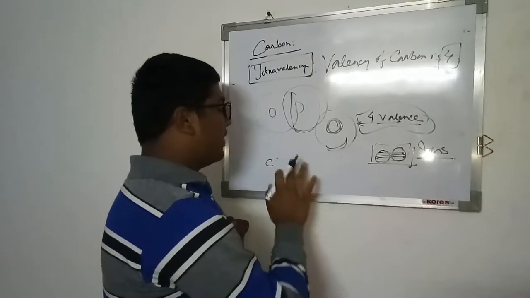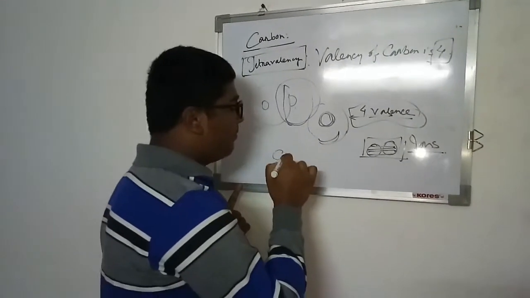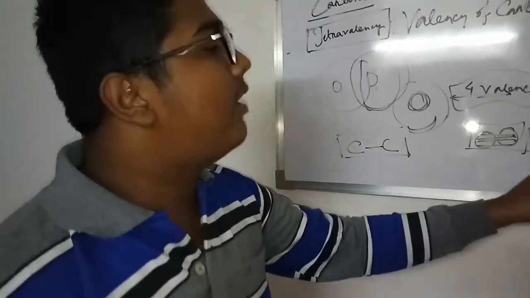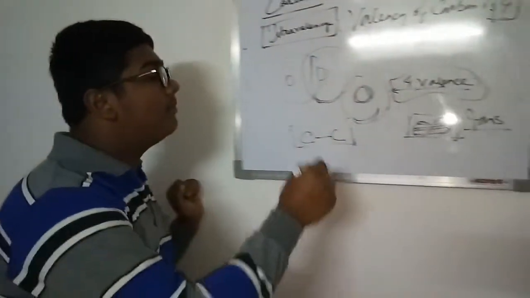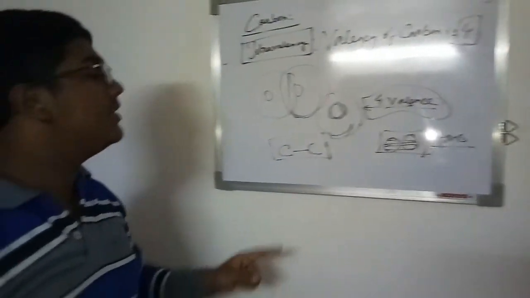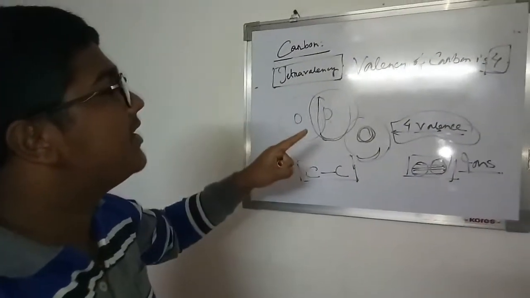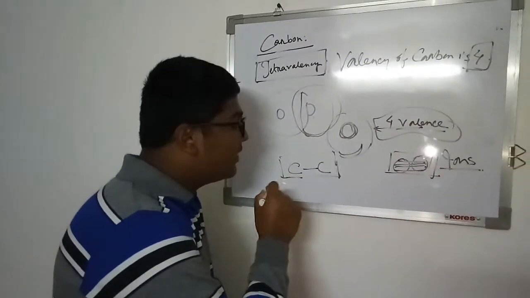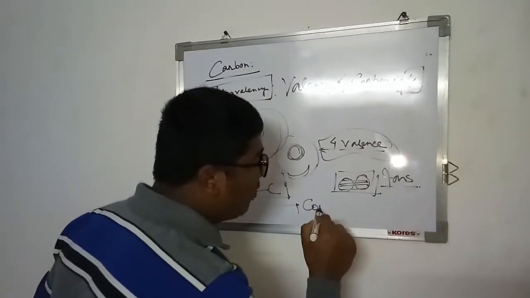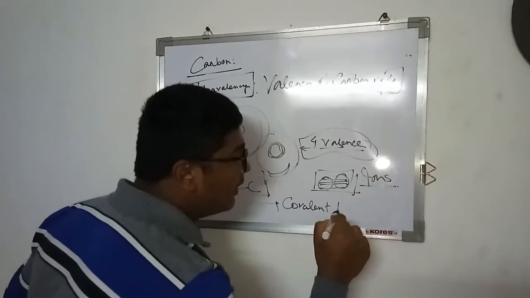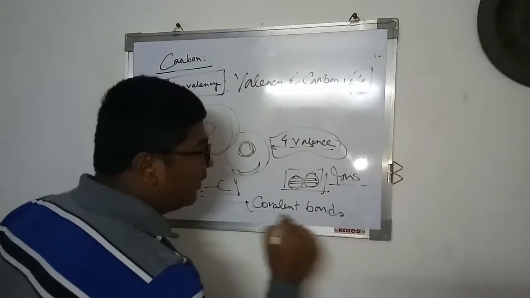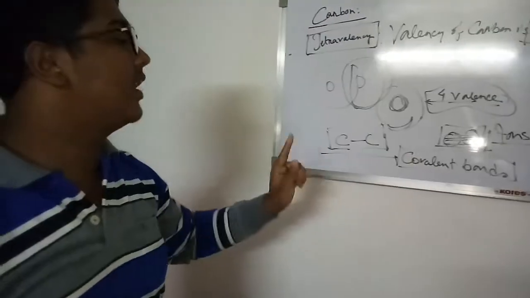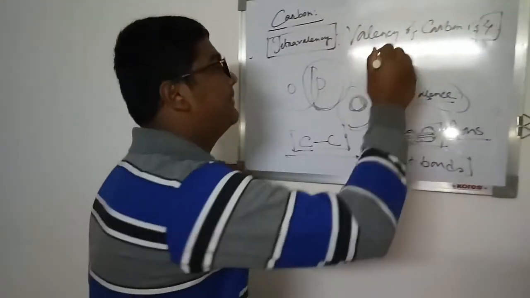And in terms of carbon, we will find such types of bonds which are not formed because of the formation of ions, but because of some internal mutual understanding of the valence electrons to be bonded together. In such a case, we will find what are called covalent bonds. And the compounds that are formed by such covalent bonds are called covalent compounds.